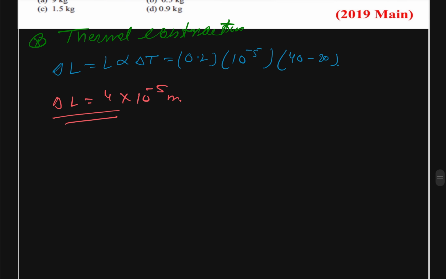Now we are going to have elongation due to mass.